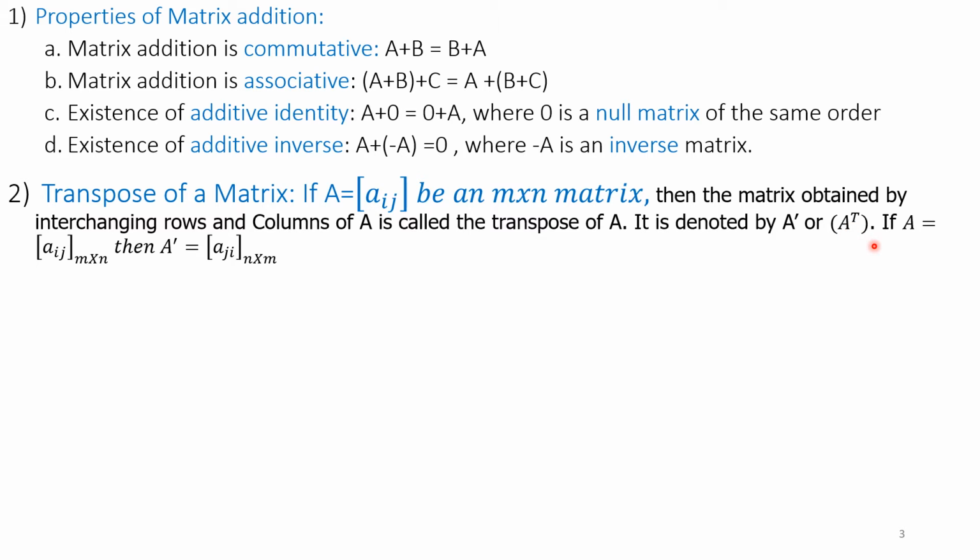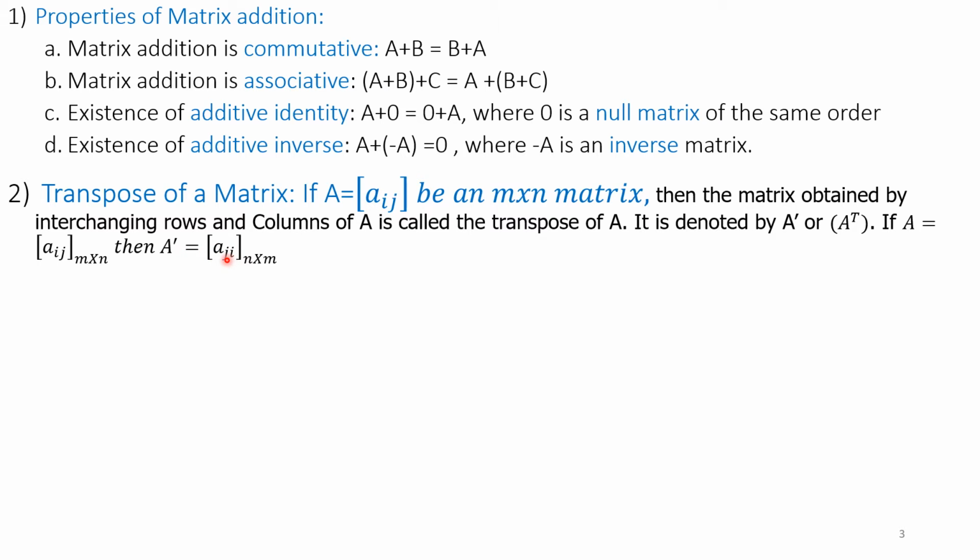If A is equal to a suffix ij, where small a is the element, small i is the number of the row and j is the number of the column, and the order of the matrix is m by n, then A dash, the transpose, is a suffix ji.